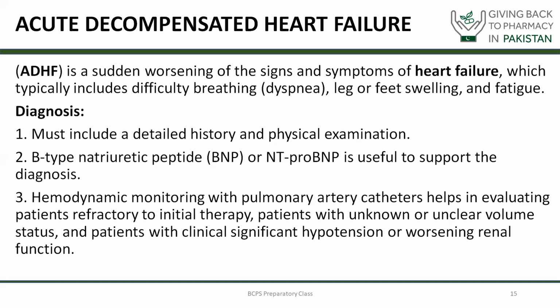It tells us how much pressure is over there. This pressure measures two things. One is the volume status, how much volume is in the body; if volume is piled up in the lungs, it will also increase. The other is that if peripheral vasoconstriction is there, this pressure will also get high. We will discuss these things in detail.